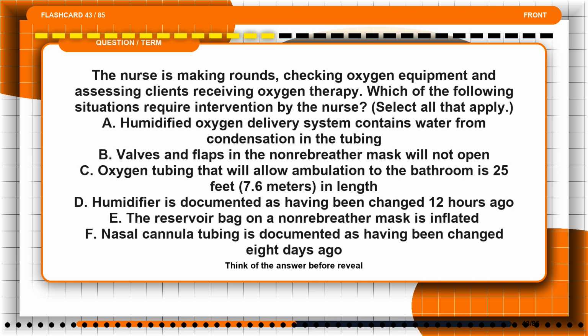C. Oxygen tubing that will allow ambulation to the bathroom is 25 feet (7.6 meters) in length. D. Humidifier is documented as having been changed 12 hours ago. E. The reservoir bag on a non-rebreather mask is inflated. F. Nasal cannula tubing is documented as having been changed 8 days ago. Think of the answer before the reveal.